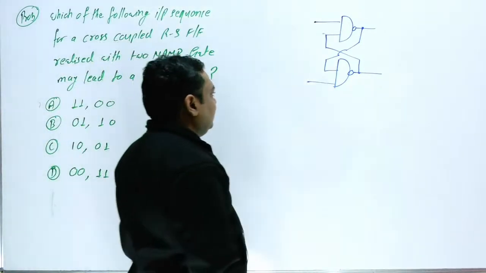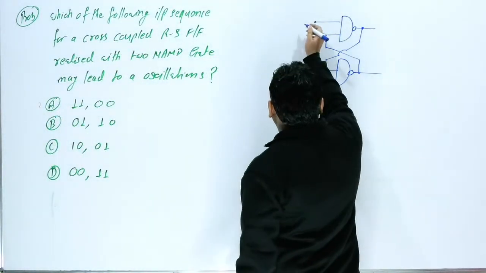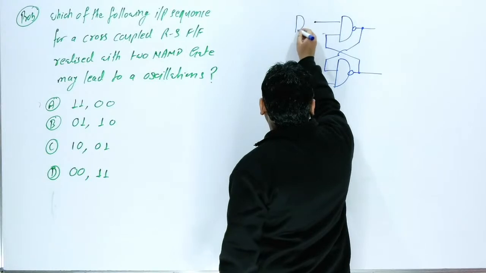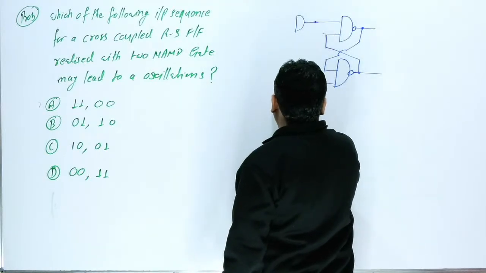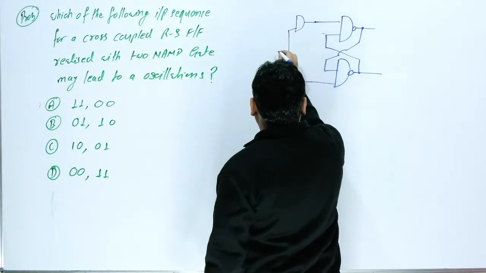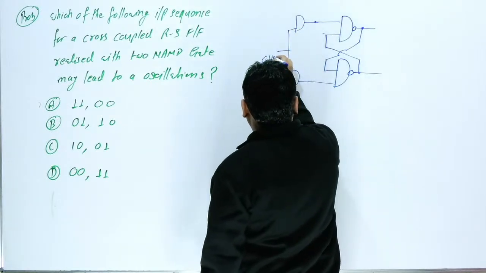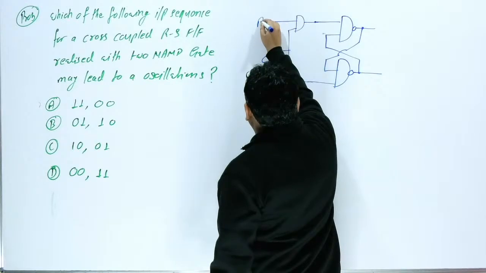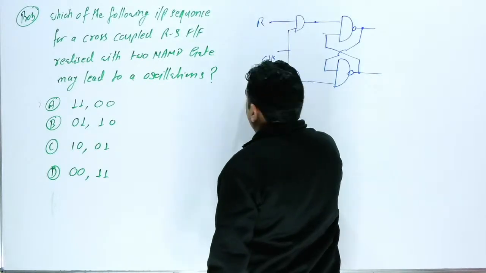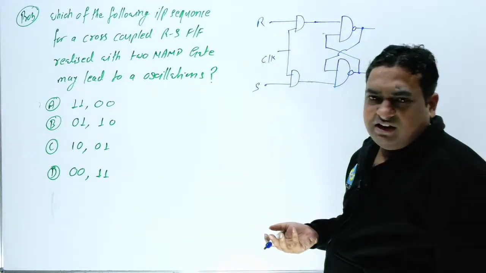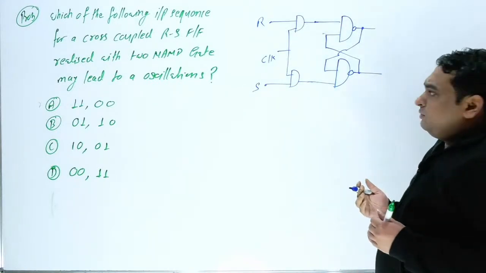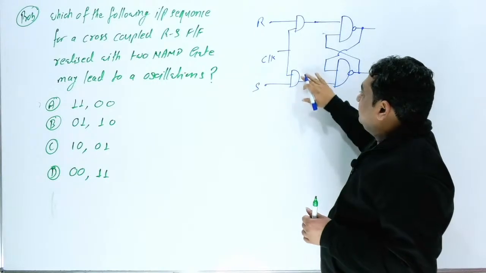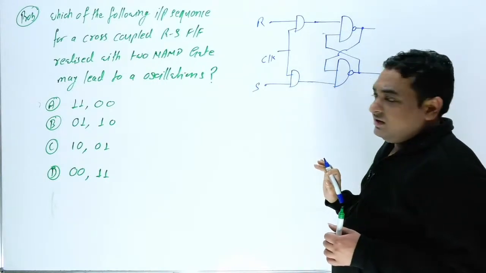If you apply the clock, I can write one AND gate here, and this is the clock. One input you can assume R and another input S, anyone you can assume. This will be a NAND gate.